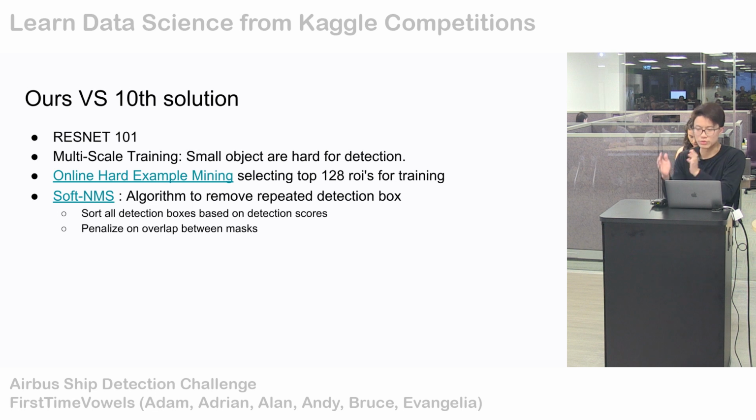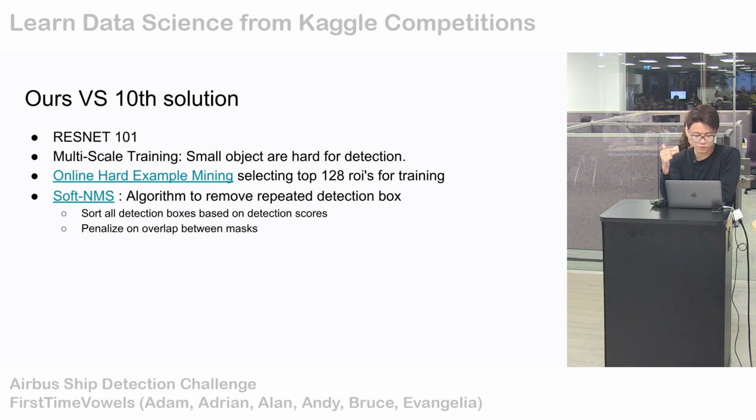I think the ratio is really, really huge. They will rescale it by a 2,000 ratio, and then sometimes they will just crop a small region to train the model. That's how they solve for small objects, small ships.